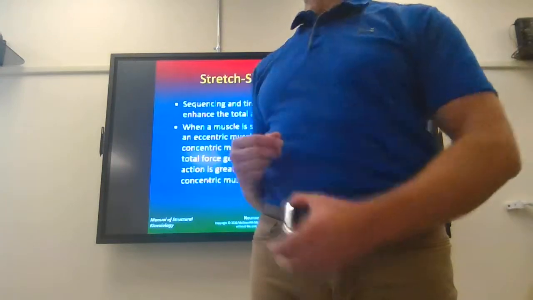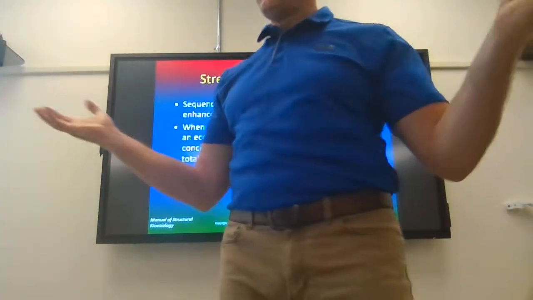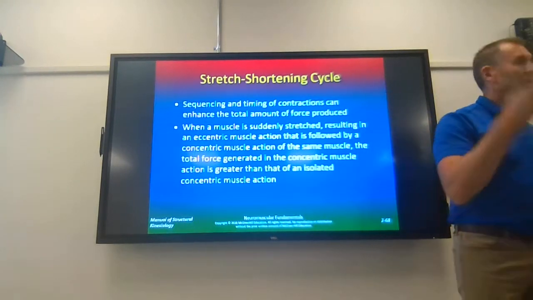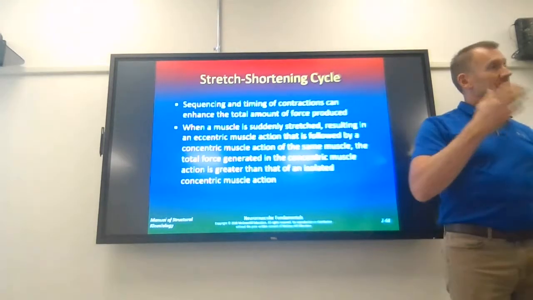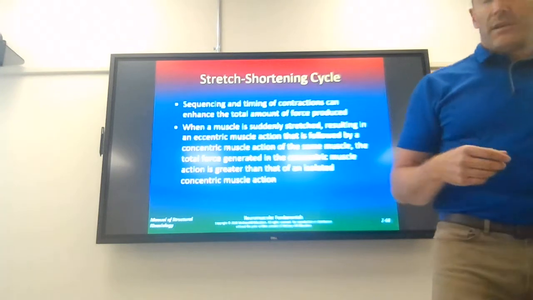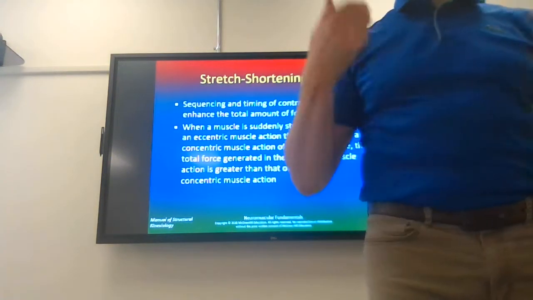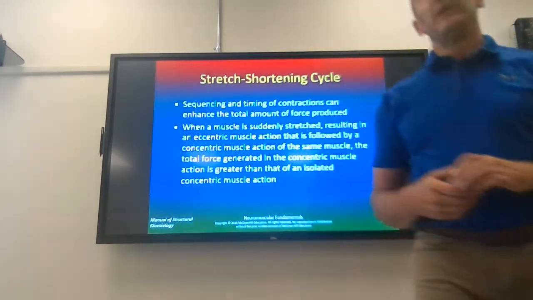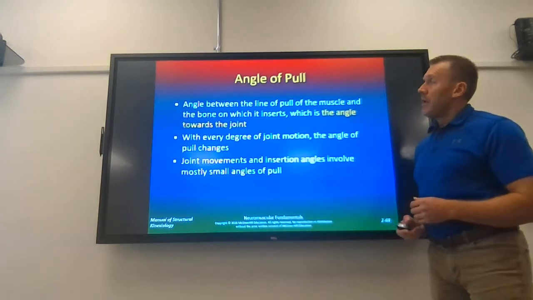You've all done them. Plyometrics, right? What do plyometrics involve? They involve a quick stretch and then what? And then a jump, right? So plyometrics, series of jumps. We learn to use the elasticity of our muscles by quickly stretching them and then initiating a contraction like jumping. So very important for efficiency.